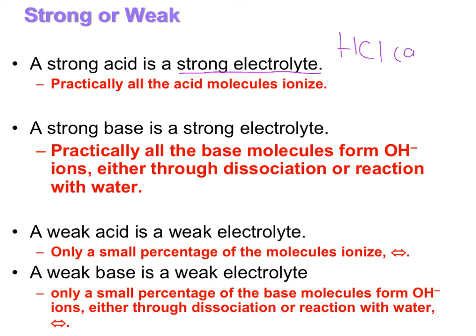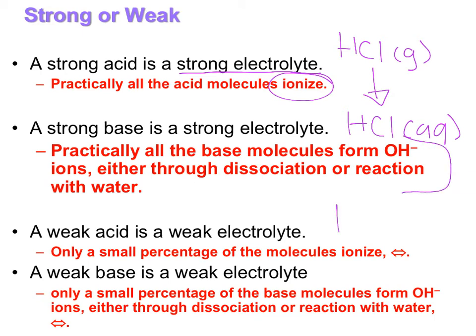It starts off as HCl gas, and then once it goes into water and becomes aqueous, it ionizes. So in solution, how it actually looks is H plus and Cl minus. This process, the fact that it's splitting up, is called ionization.